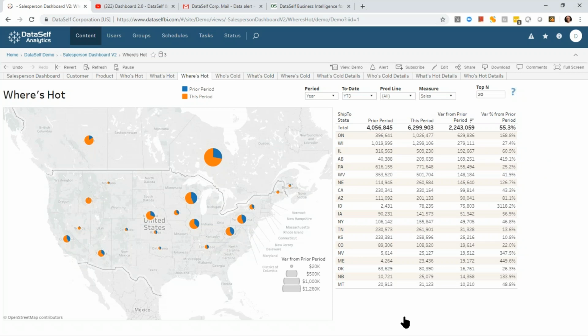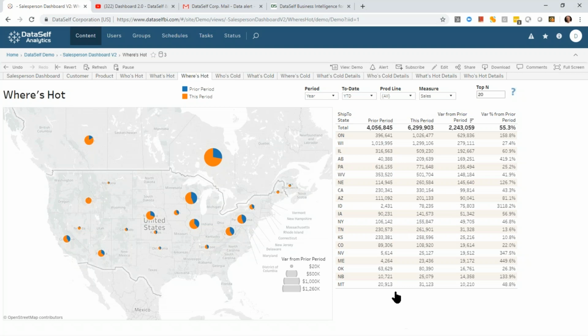Now, what we have found is that sometimes something is even more critical than the hot performers, because overall, with the hot performers, guess what? Salespeople are calling them. They're calling back. Business is happening and it's growing. So it's great. And sometimes some of the inspiration you can get from the hot performers is why other customers or other salespeople or other products or other territories are not growing as much.